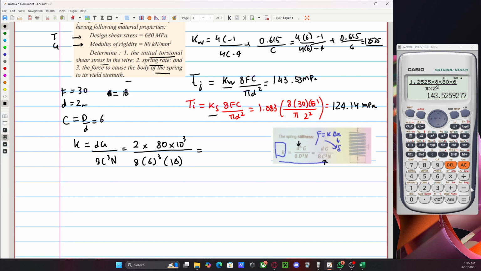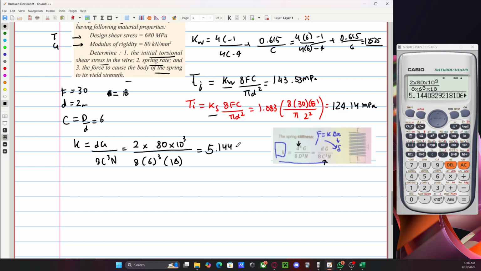So spring rate should be, let's check. 2 times 80 times 10 to the power 3, then we have 8 times 6 cubed times 18.